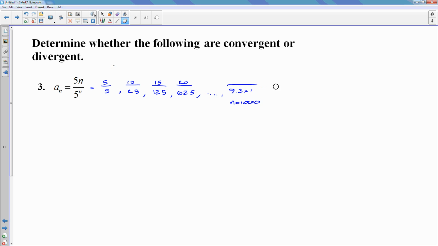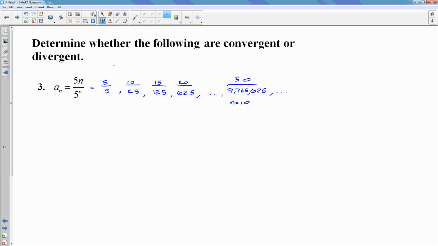So with exponential functions, we really don't need to plug in huge numbers. I could probably just plug in something like 10. 5 times 10 is 50, but 5 to the 10th power, which is still going to be a massive number, is 9,765,625. And it goes on.